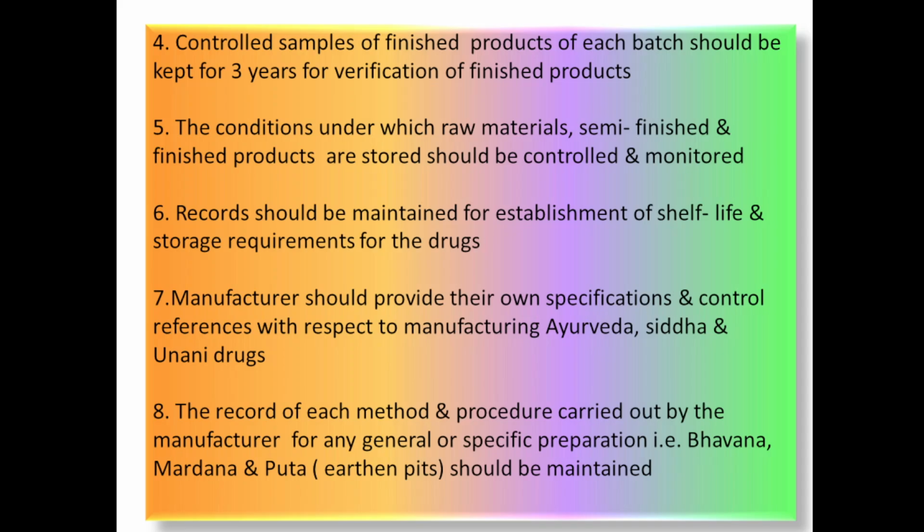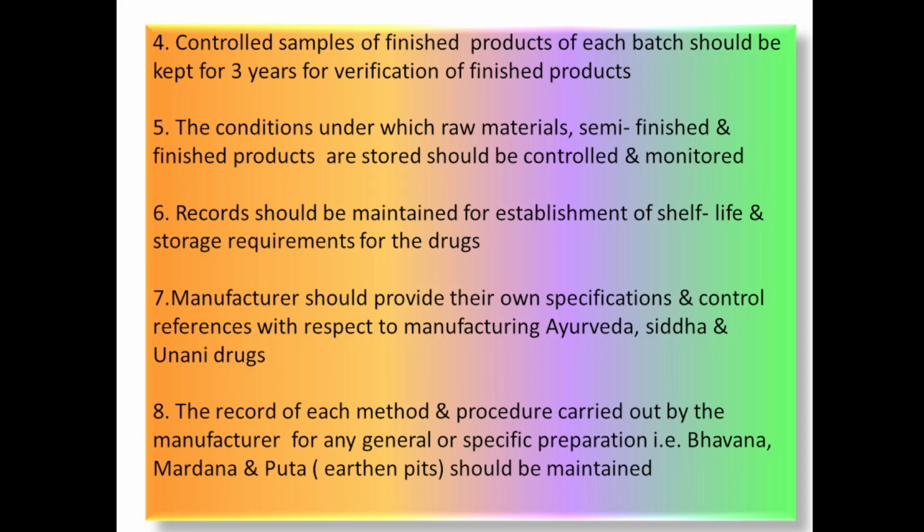The conditions under which raw materials, semi-finished and finished products are stored should be controlled and monitored. The contamination of raw material, contamination during processing of herbal formulation as well as contamination of finished product should not occur. To prevent that, the proper conditions required to maintain the raw material should be kept, controlling the temperature as well as the air of the area where manufacturing takes place.